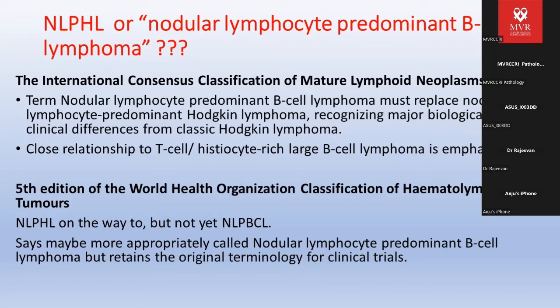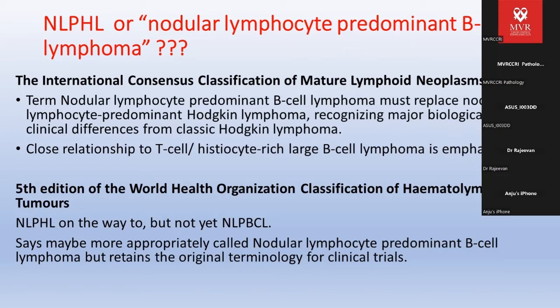One is the WHO, where Dr. Gujral is one of the editors, where they proposed that NLPHL is still under Hodgkin lymphoma, but in future it could be put under nodular lymphocyte predominant B-cell lymphoma. So it is on the way to B-cell lymphoma, but as of now we'll retain it as Hodgkin lymphoma for the purpose of clinical trials.